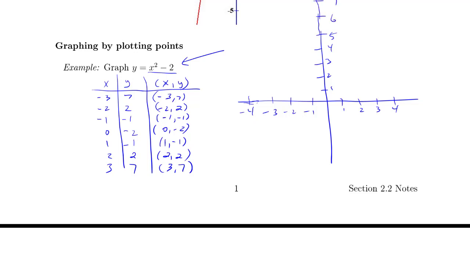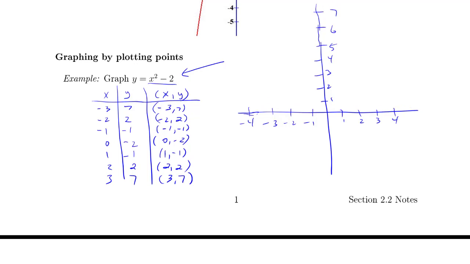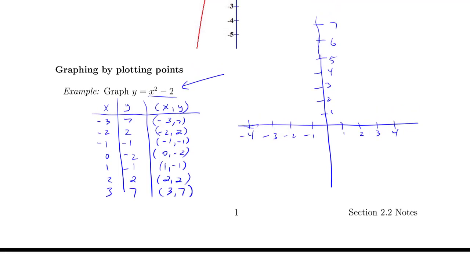We're going to need a few more values there. Let me bring that down. And -1, -2, -3, -4 there. All right, so -3, 7 would be about there. -2, 2, -1, -1 would be about there. 0, -2; 1, -1; 2, 2; and 3, 7.